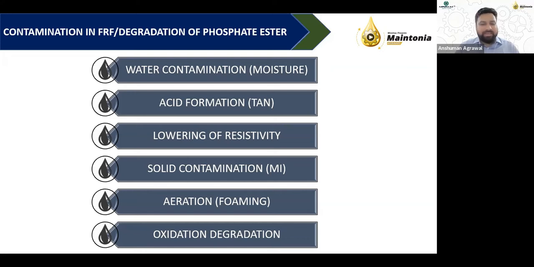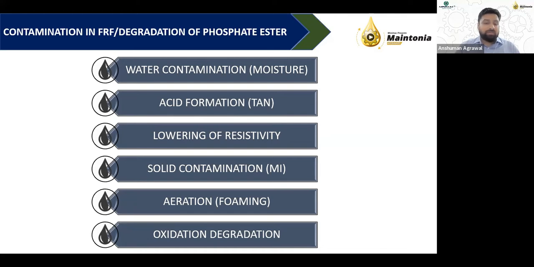So in a way, I can say that fuller earth cartridges, which are meant to remove TAN value or acid value from the oil, should not be used when acid numbers are high. So kind of a paradox, but that's the reality and truth of technology today. The final contamination effect, what we see in the phosphate esters, is oxidation degradation.